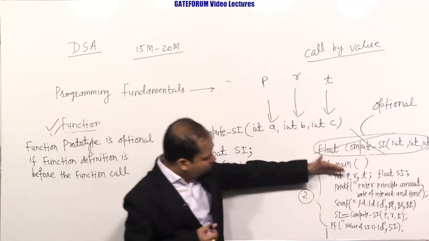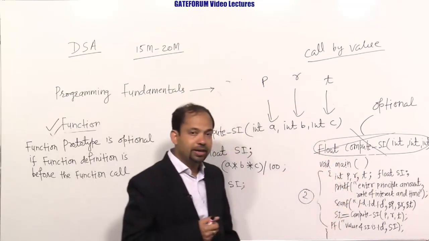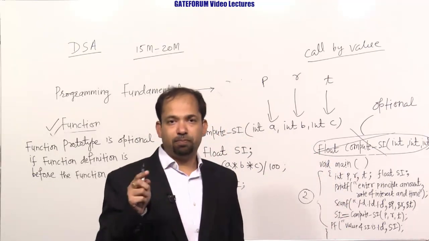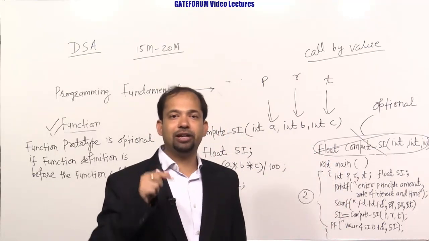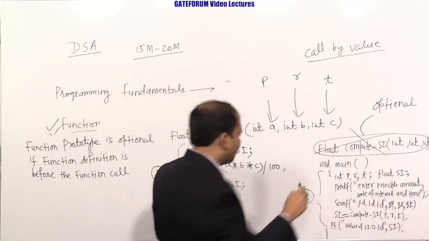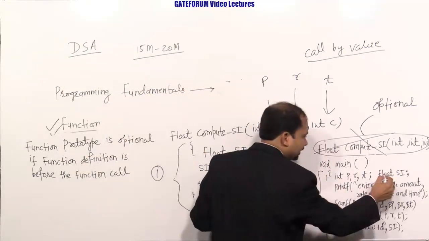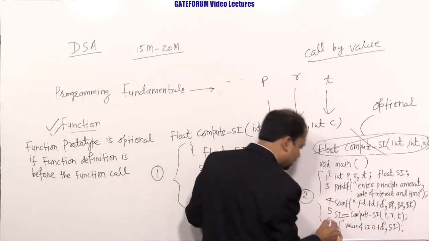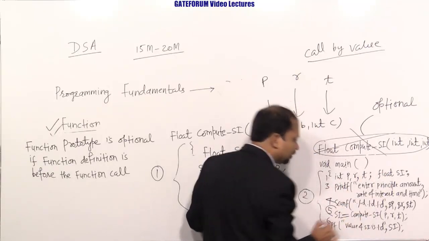So we go 1, 2, 3, 4, 5. But if there is a function call, then the part below that function call will get skipped. First, control will go to the body of the function. So if I say this is one statement, this is second, third, fourth, fifth, sixth, the fifth statement has a function call.